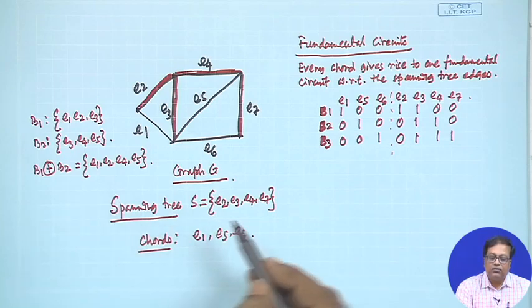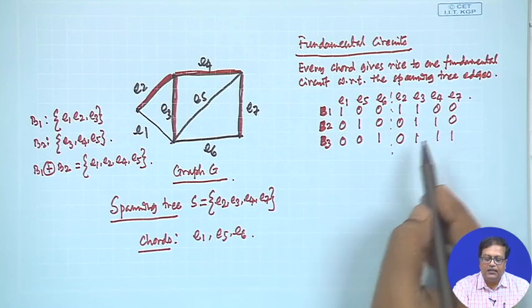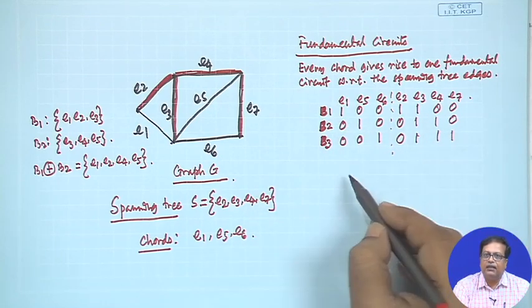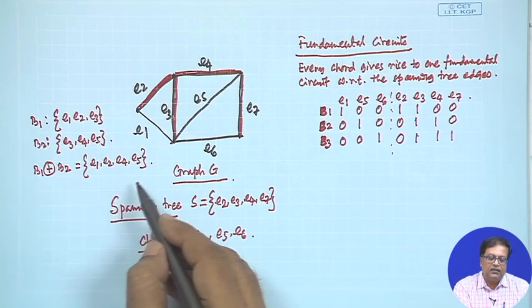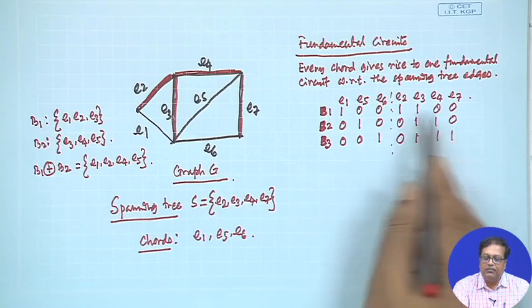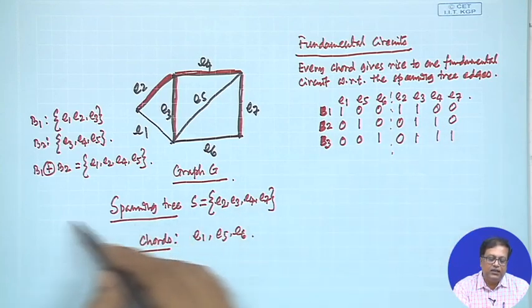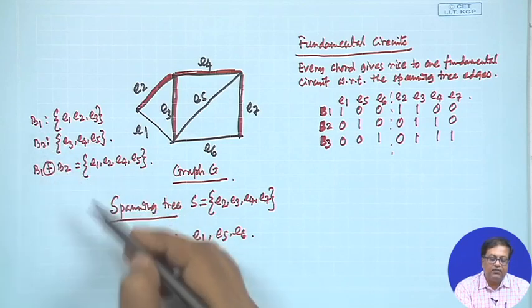Is it all right? So now look here, we have only 3 fundamental circuits, and we can work with them only. There is no need to really find all the circuits all the time. The fundamental circuit matrix is sufficient to generate all the other circuits by doing ring sum between them.